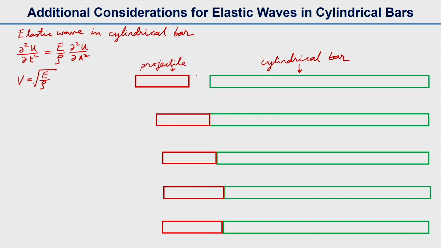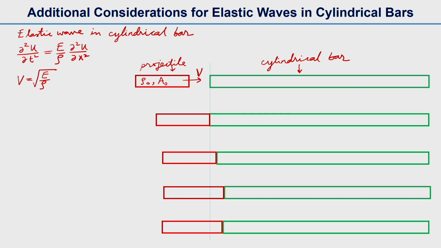The projectile is moving at a velocity v, and it has a density rho naught and cross-sectional area A naught.